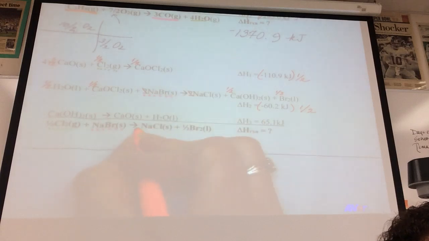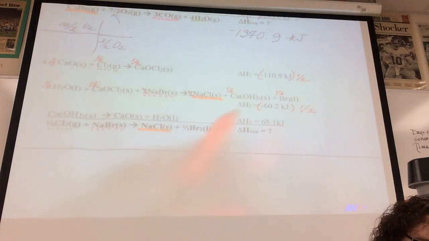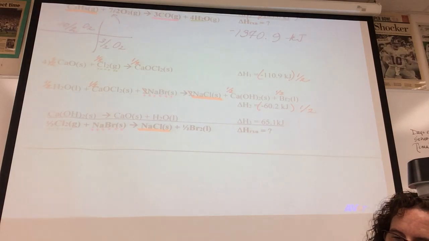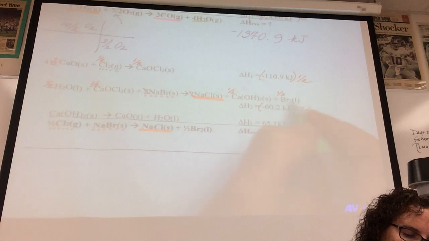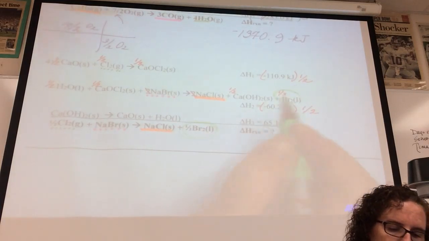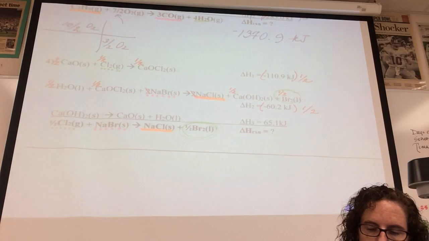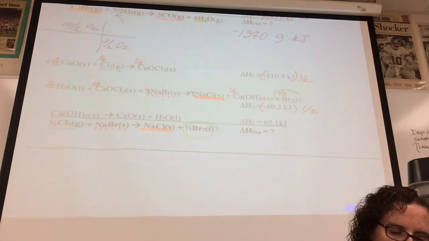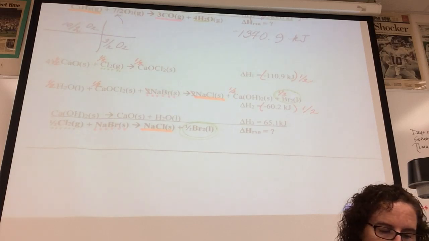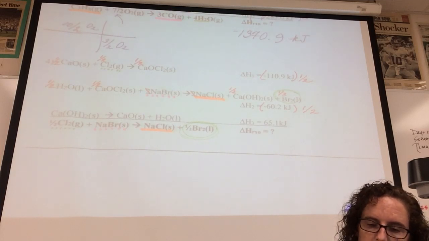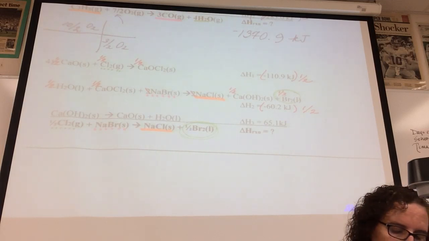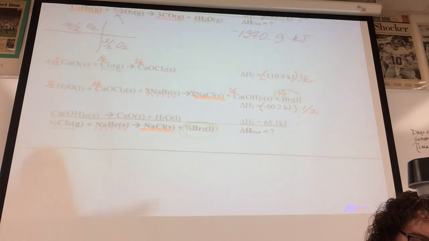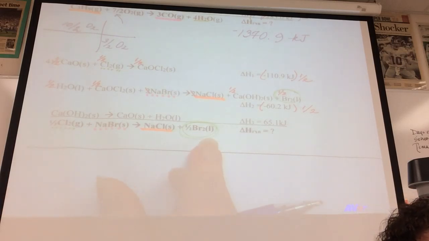Here's sodium chloride. And here's the half of bromine. So at first glance you're like, woohoo, I'm ready. But this is where the cancellation is particularly important. You've got an equation in the third one that doesn't seem to play a role in the net reaction, but you still need to make sure that you're getting cancellation of any substance that's not in the net equation.